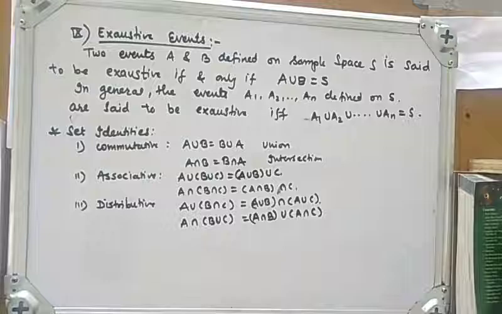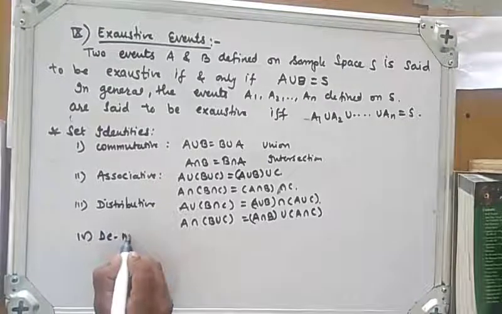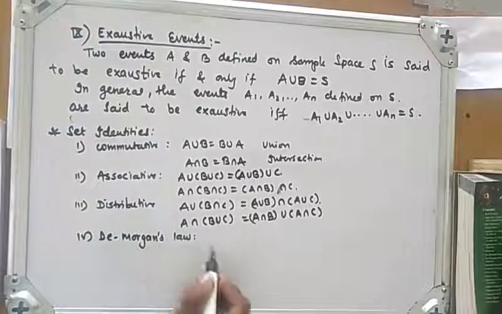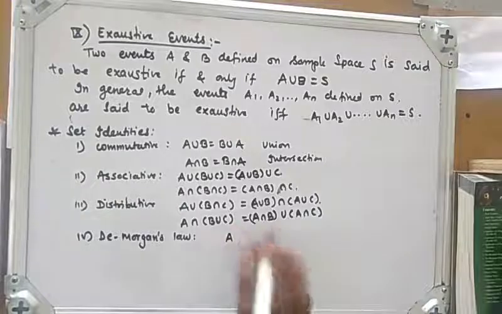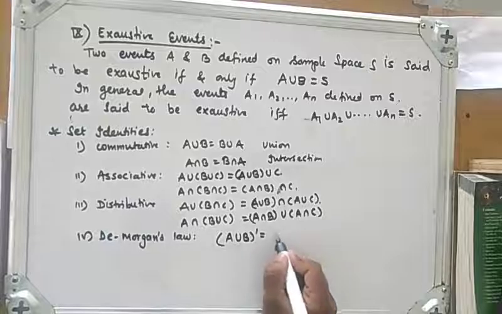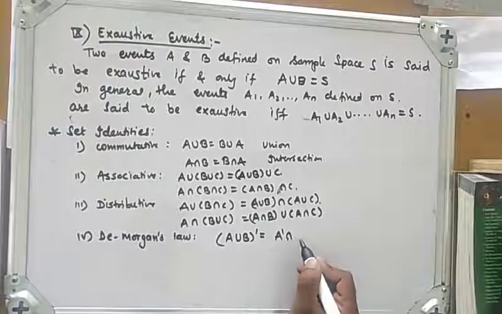The fourth one is De Morgan's law. What is De Morgan's law? (A union B) complement is equal to A complement intersection B complement, where union is replaced by intersection.